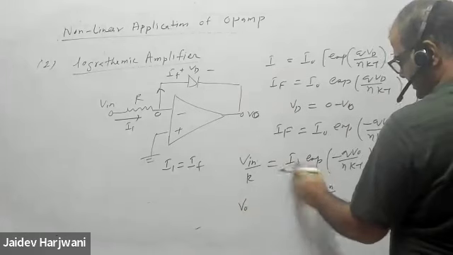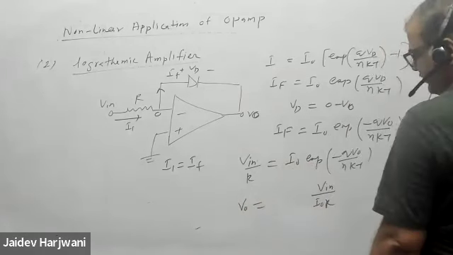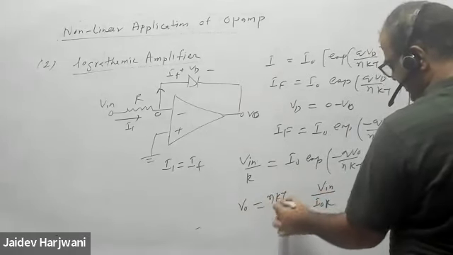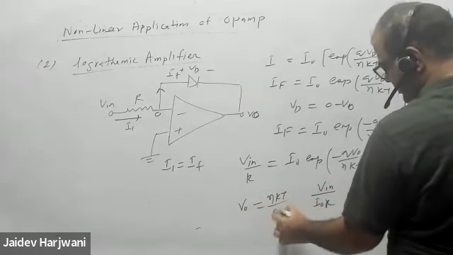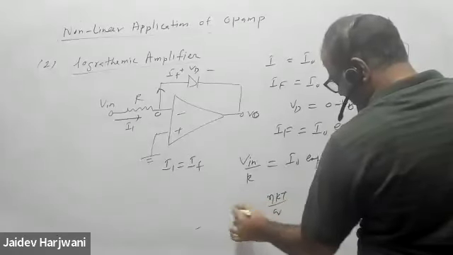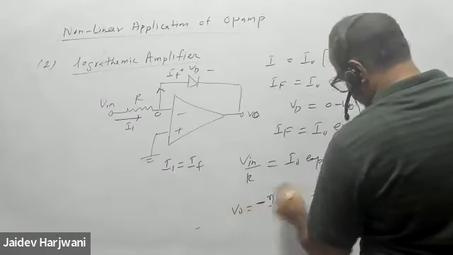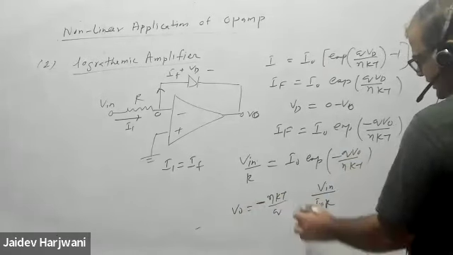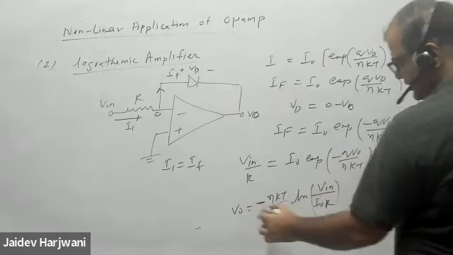V naught, and then what you can write? Eta kT upon Q, and log of this one.